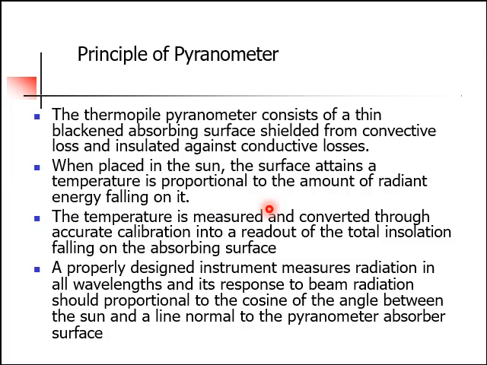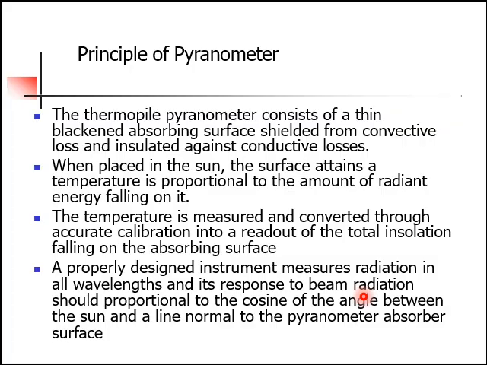When placed in the sun, the surface attains a temperature because, first of all, it's black, so it's absorbing, and it attains a temperature proportional to the amount of radiant energy falling on it. This temperature is measured and converted through accurate calibration into a readout of the total insolation falling on the absorbing surface.